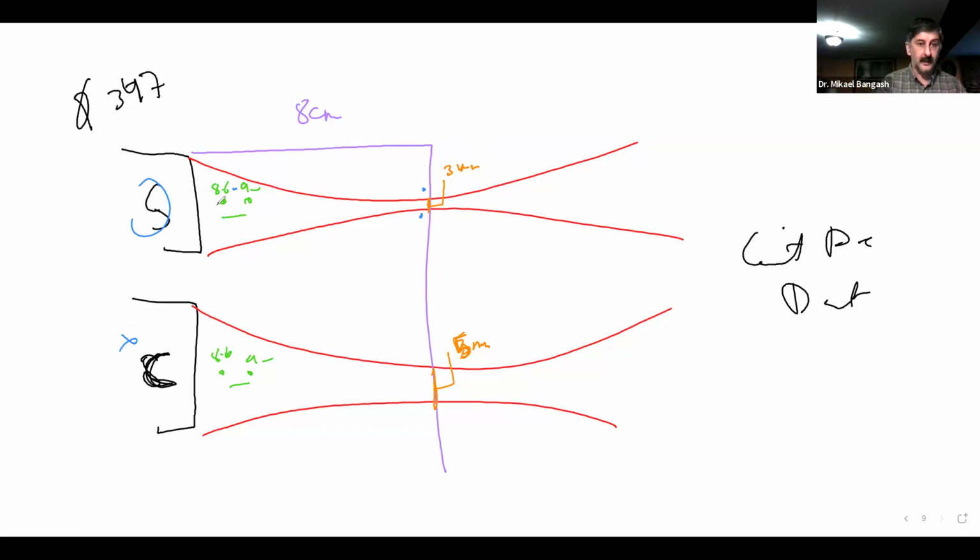Because you didn't look at the thing that says this was the width of the beam, and this is the depth of the reflectors. Did that make sense? These numbers here were mainly just to confuse you.